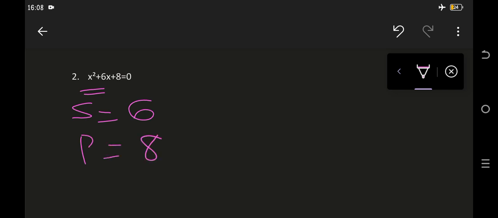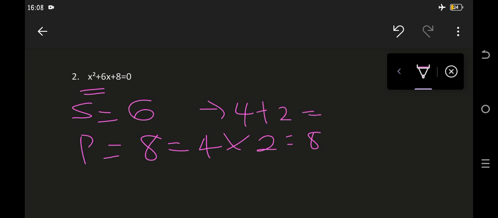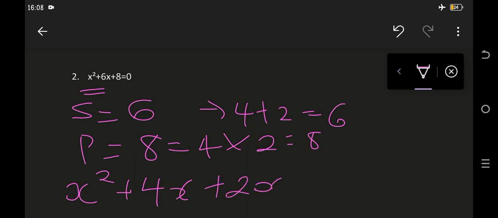So if you look at the factors that give us a product of 8, you will have 4 times 2. 4 times 2 will give us 8, and here 4 plus 2 will give us 6. So let us now expand that. We'll have x squared plus 4x plus 2x plus 8 is equal to 0.